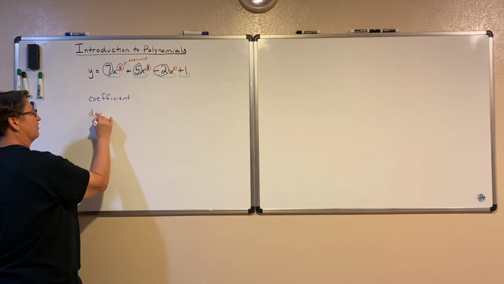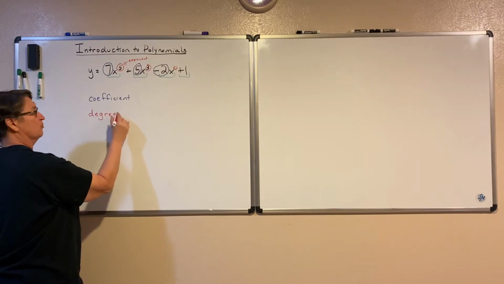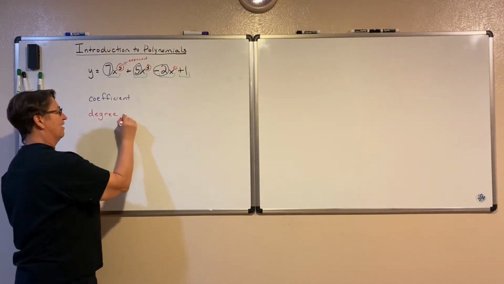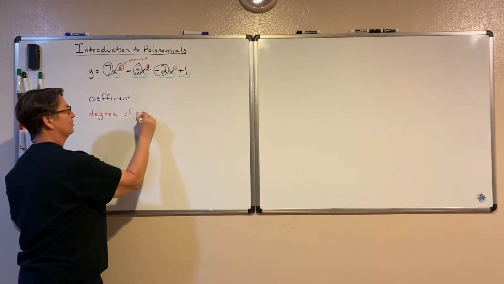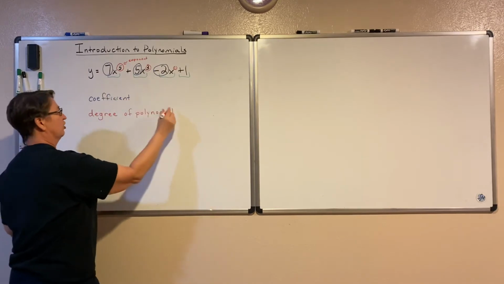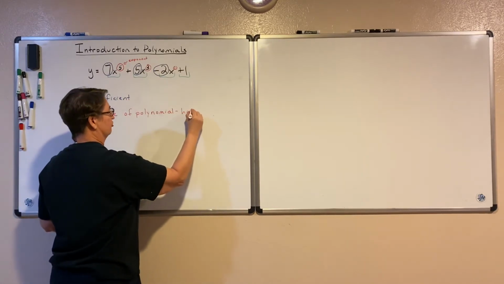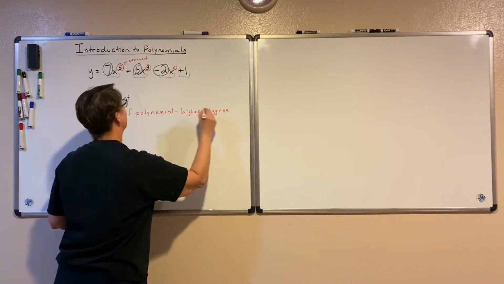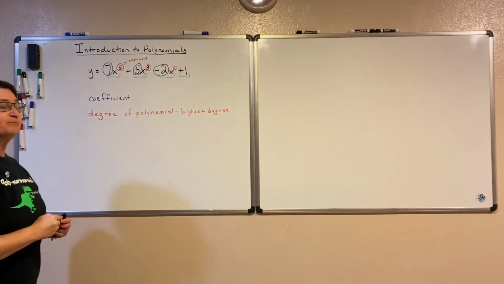So you could say those are exponents, but of each term we call them degrees. And the degree of the polynomial is that highest degree. So in this case, the degree of our polynomial is 5.